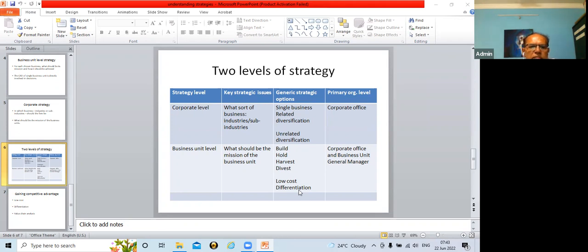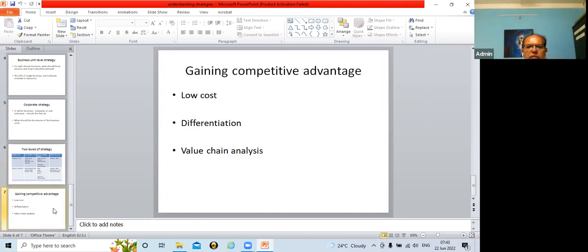Now the next slide. Finally, because of these strategies, enterprises get competitive advantage. Now we have talked about low cost. There are products available at a lower cost also, and people like them, as I told you, Lifebuoy.